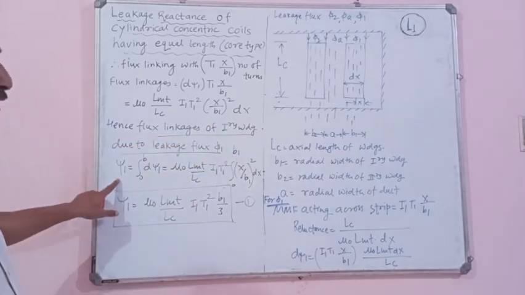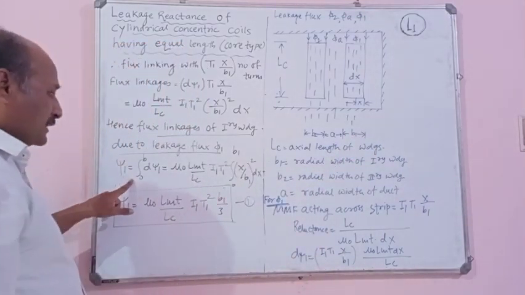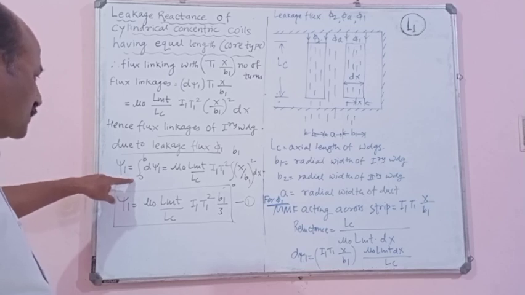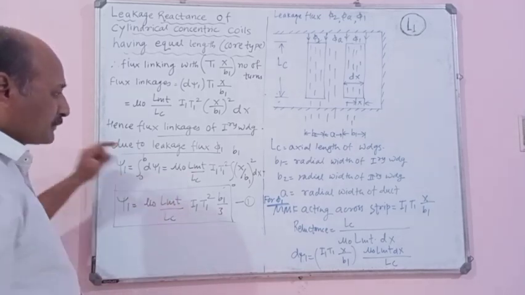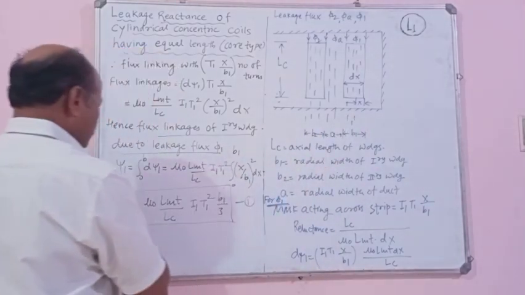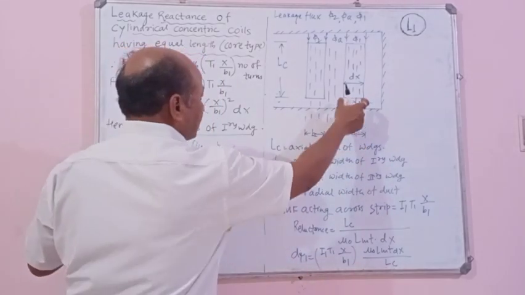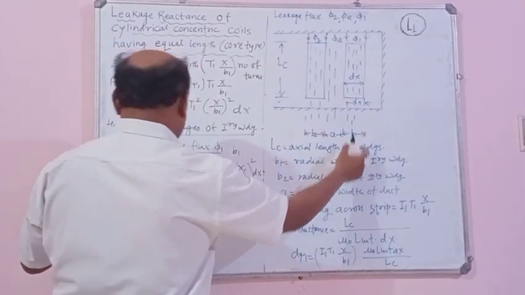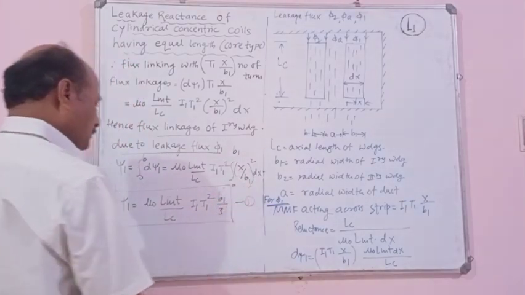That is psi 1. So this is the limit from 0 to B1, which equals mu 0 LMT by LC I1 T1 squared, with the limit from 0 to B1 for dx, of X by B1 whole squared into dx.